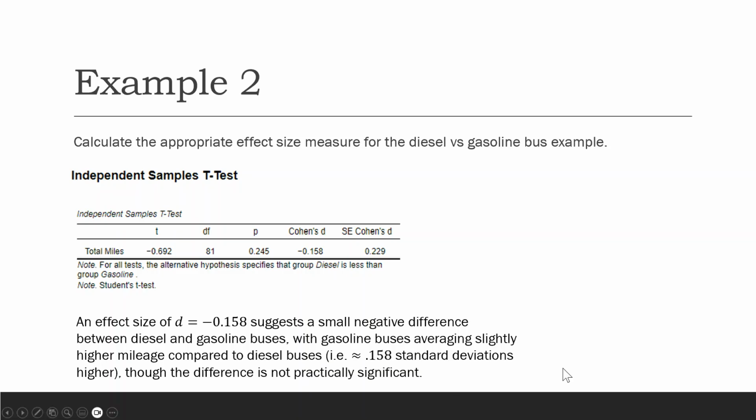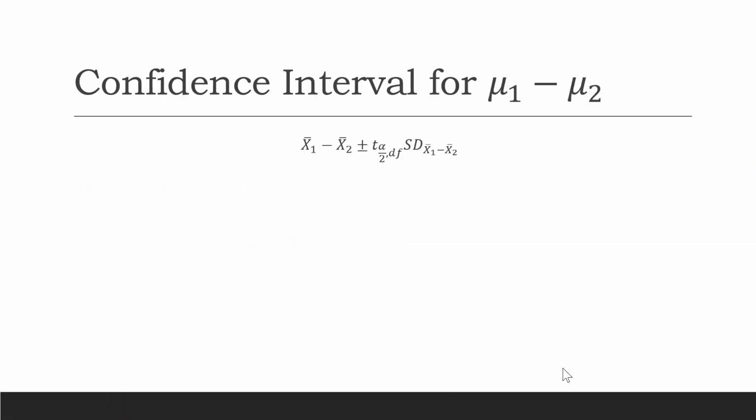In addition to reporting the effect size, we also can report a confidence interval for mu1 minus mu2. If you recall, all of our confidence intervals are in the form point estimate plus or minus a critical value times your standard error.